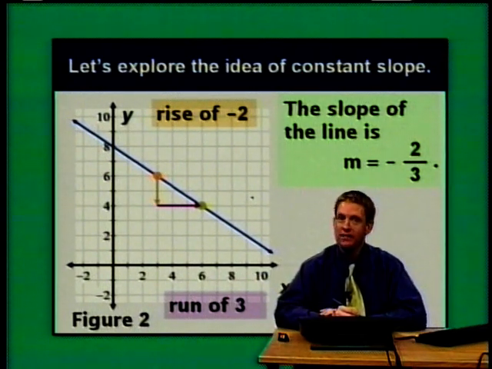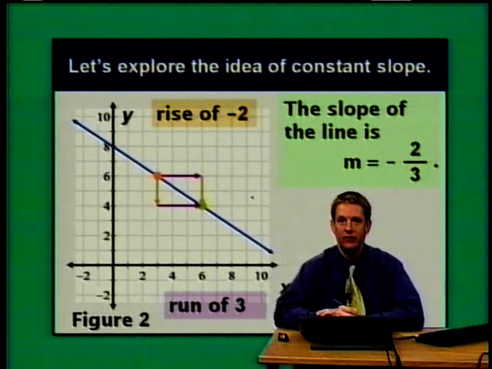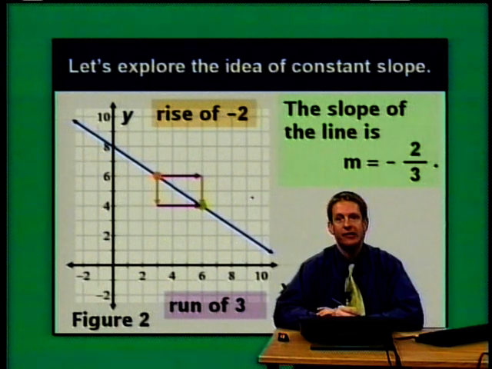Now, I could have done the run part of the motion first and the rise part of the motion second. That's what's illustrated with this new slope triangle. What I'm going to do is slide this whole picture up and down the line.